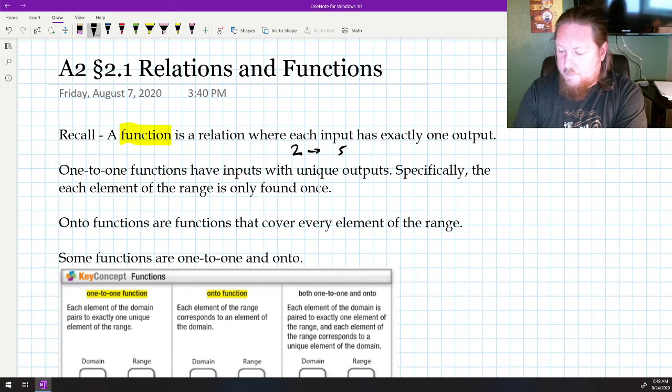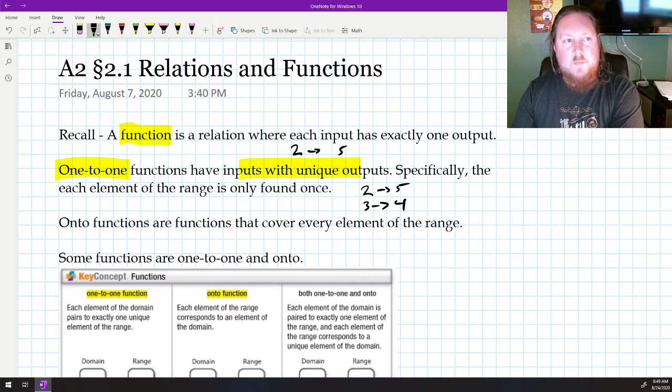All right. Now we're going to add in some more terms. One-to-one functions have inputs with unique outputs, which means you might have a function where 2 goes to 5 and 3 goes to 4.